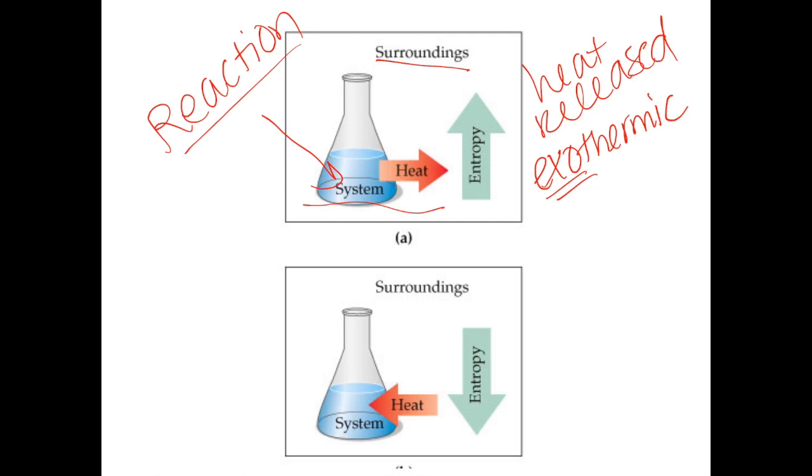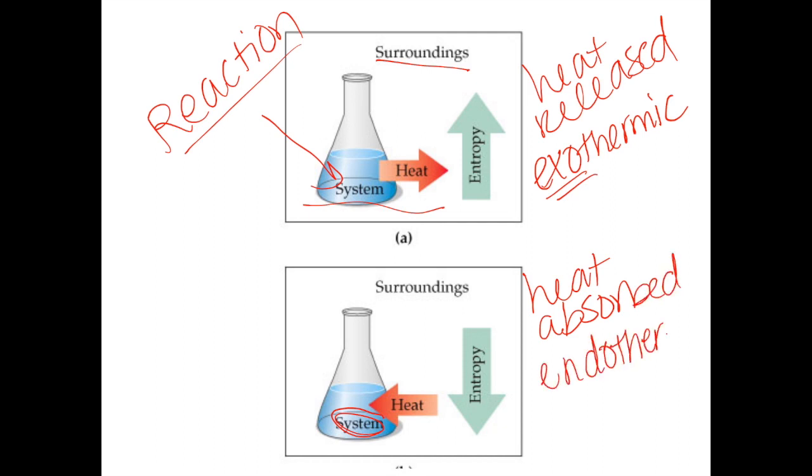Say the opposite situation here is when you have your system, your reaction. If that requires heat, it's going to steal heat from wherever it can, and your surroundings is going to lose heat to the system. So here, heat is absorbed by the system, and that's called endothermic.